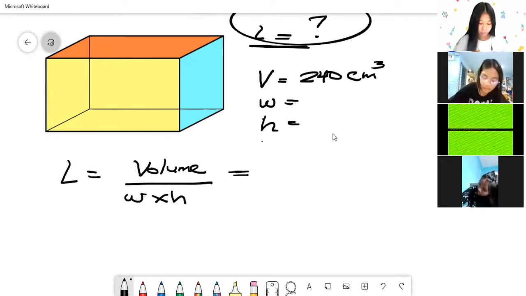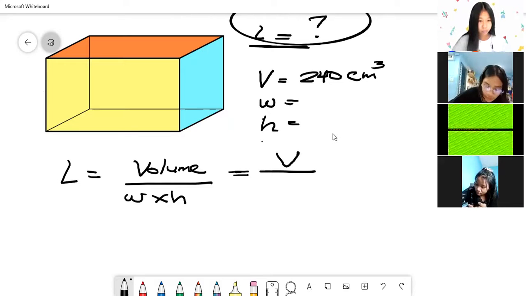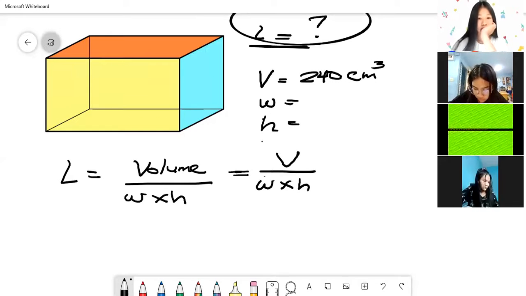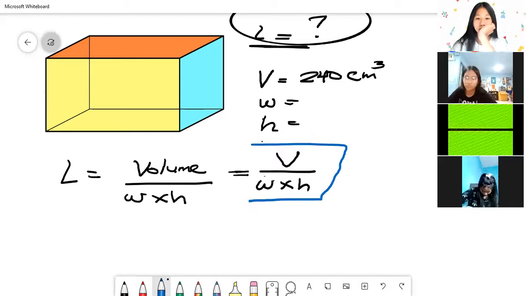Or shortened, V, volume, over base or breadth, or let's say width, times the height. That is very important. The volume is given, the cubic centimeters are given, but the question here is how to find the length. Do not forget this one: volume divided by width times the height.